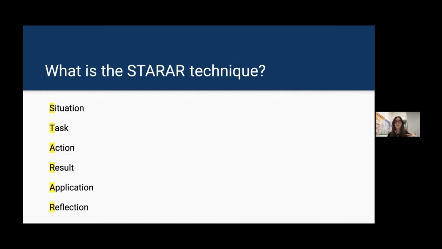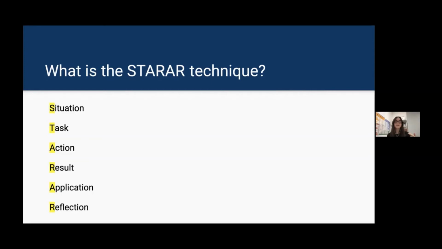So sometimes the question might be something like, give an example of a time when you've been a team leader, and then you give situation, task, action, result, how you applied that, and then a reflection at the end on how you could do it better next time.